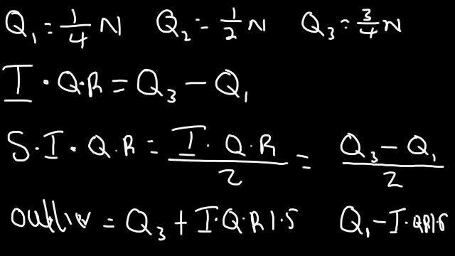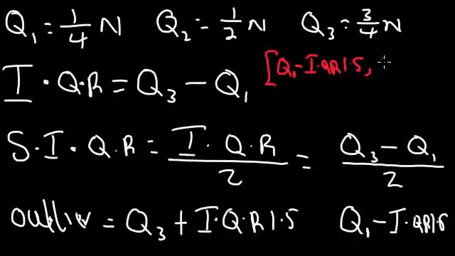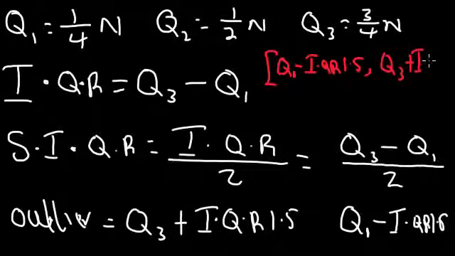Now, you notice that this can be written in interval notation. So generally speaking, an outlier is any data that falls outside this range, Q1 minus IQR multiplied by 1.5 to Q3 plus IQR multiplied by 1.5.